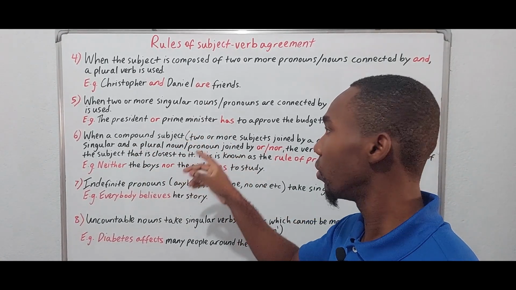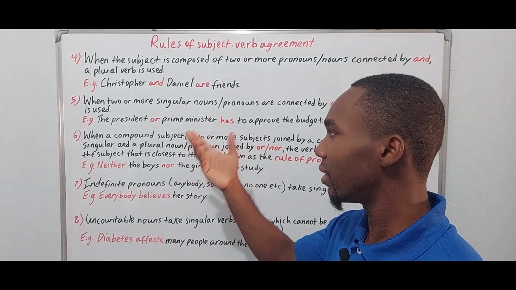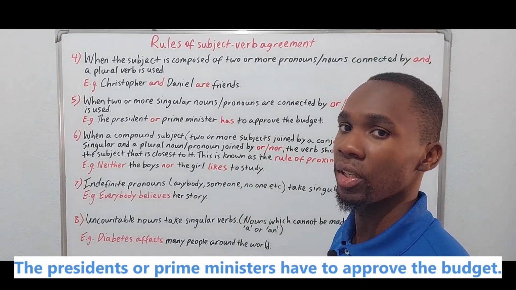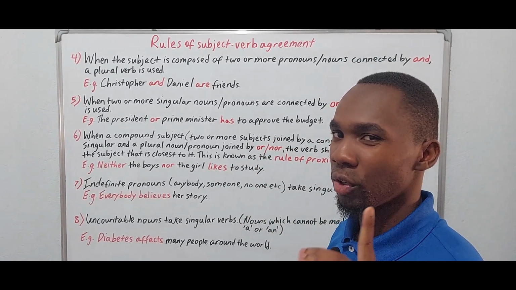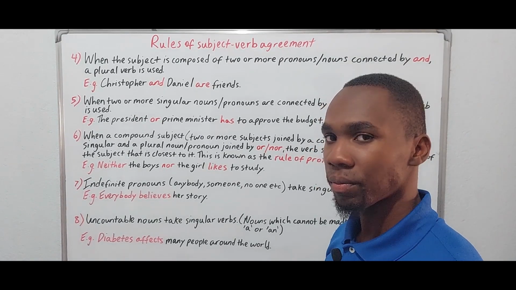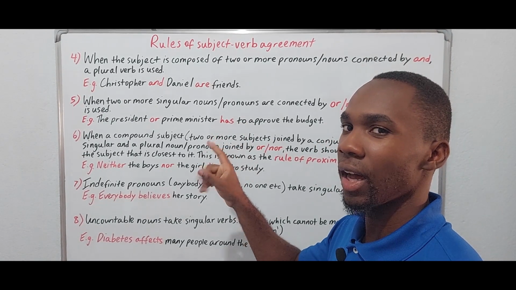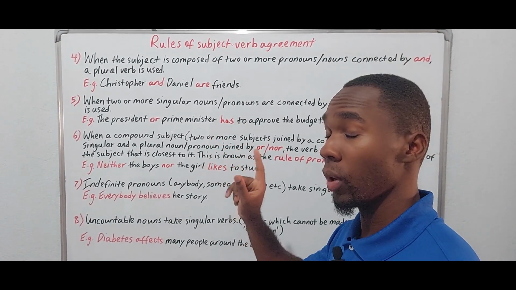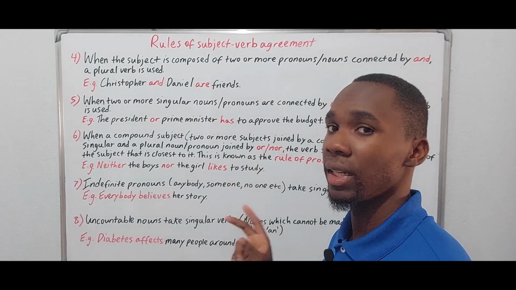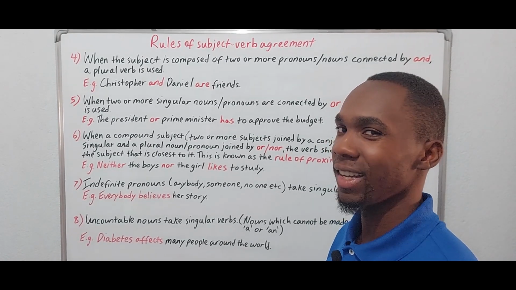Either or. So the verb has to be singular. And if it were plural, the presidents or prime ministers have to approve the budget. Now I know the next question. I can already see the next question. What if we have a plural subject and a singular subject connected by or? Which verb would we use?